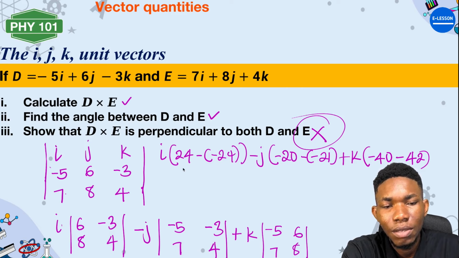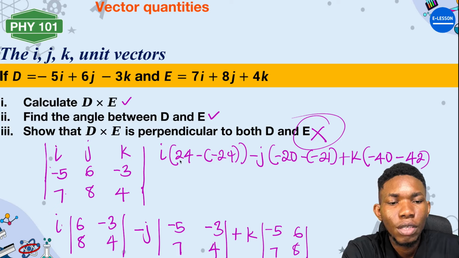Now, at the end of the day, my dear student, what are you going to have? This, you subtract this. This will add to this. Minus times minus will give us plus. So 24 plus 24 will give us 48i minus, then minus 20 minus minus will give us plus.